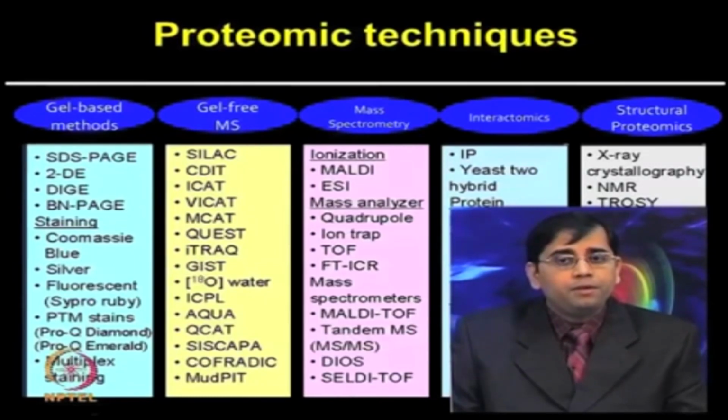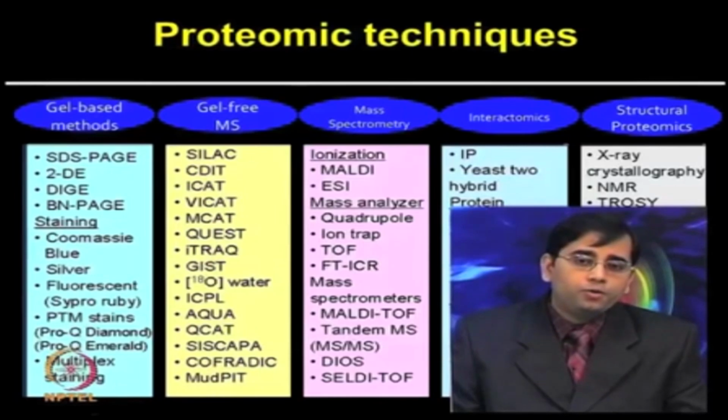The detection can be either based on labeled methods using fluorescence, chemiluminescence or radioactivity, or it could be different types of label free methods such as surface plasmon resonance, interferometry based methods, or different types of conductance based methods employing nanotubes and nanowires.